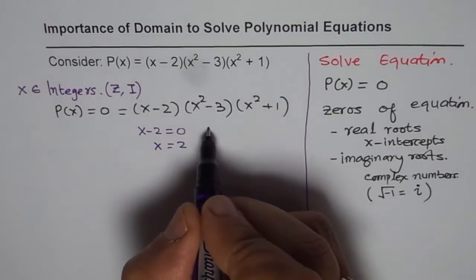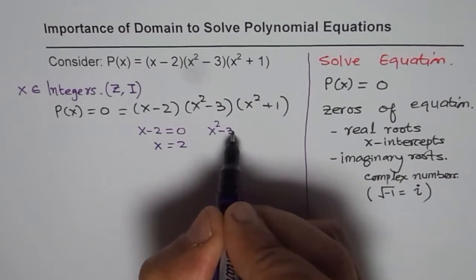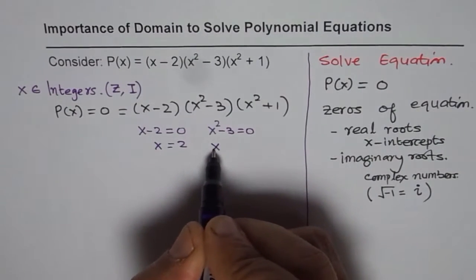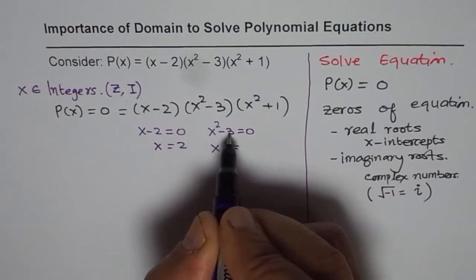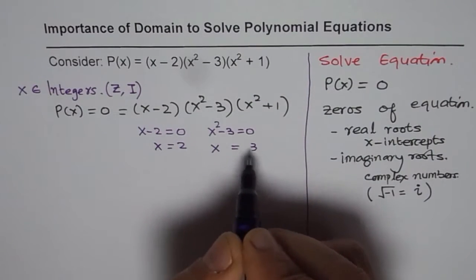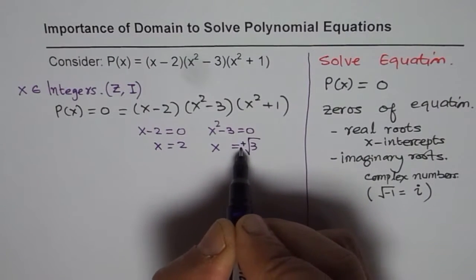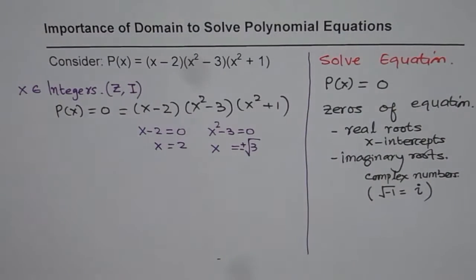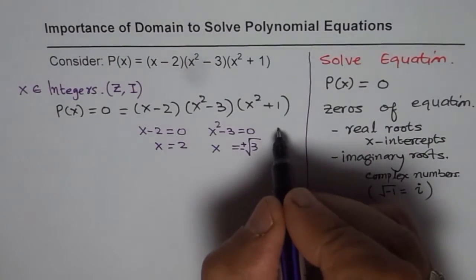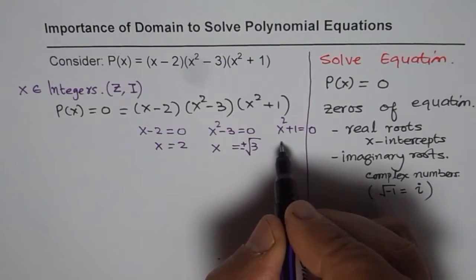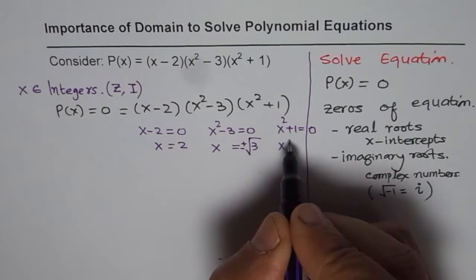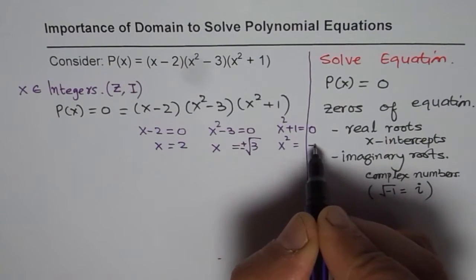Then we equate x squared minus 3 equals 0. We get x, let me write x equals, we'll bring 3 here, and because it is square, we'll do square root, and whenever we do square root, we write plus and minus square root of 3. Okay, then we will equate x squared plus 1 equals 0, and here we get x squared equals minus 1.